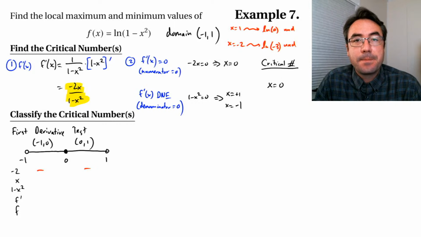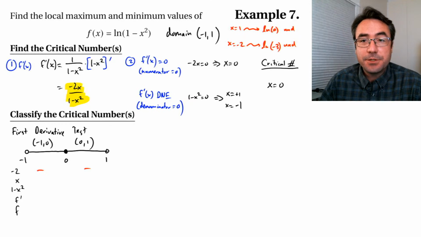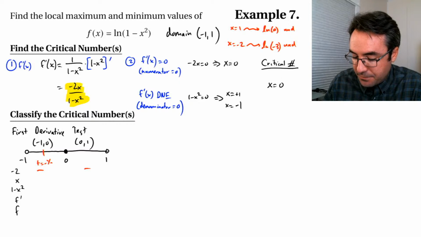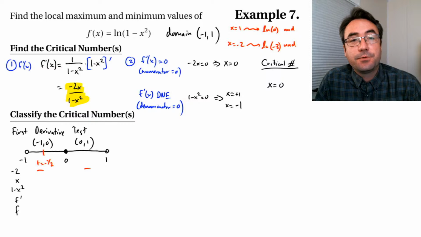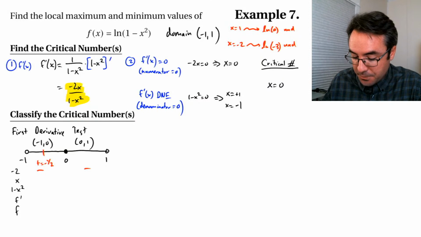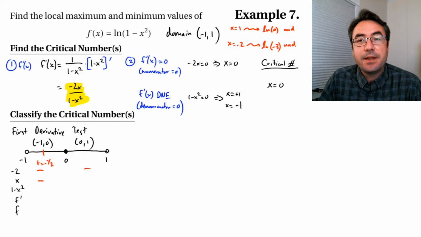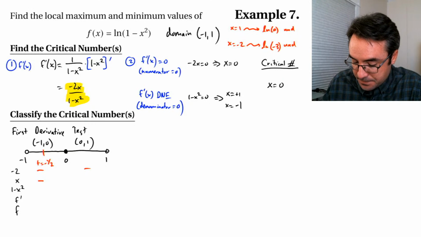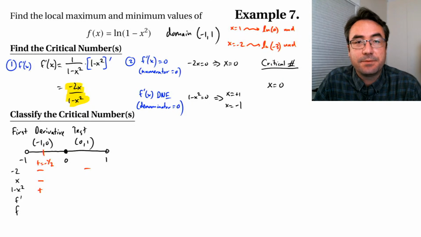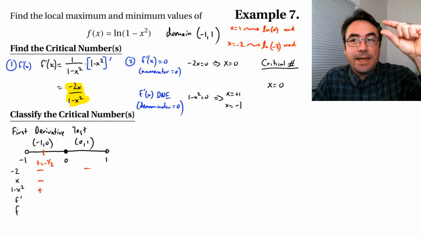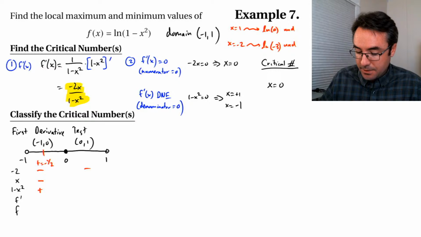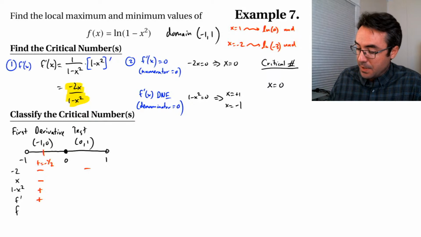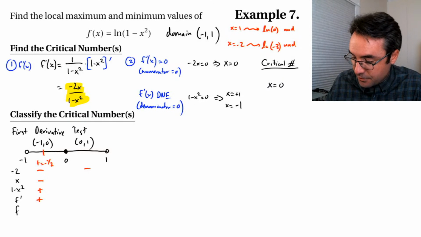To help us figure out the other terms, maybe we use a test number, something like -1/2 for this first interval. If we plug -1/2 into the x term, we get negative. If we plug -1/2 into the 1 minus x squared term, we get positive. So a negative times a positive gives us positive. So f prime is positive on that first interval, which means f is increasing.